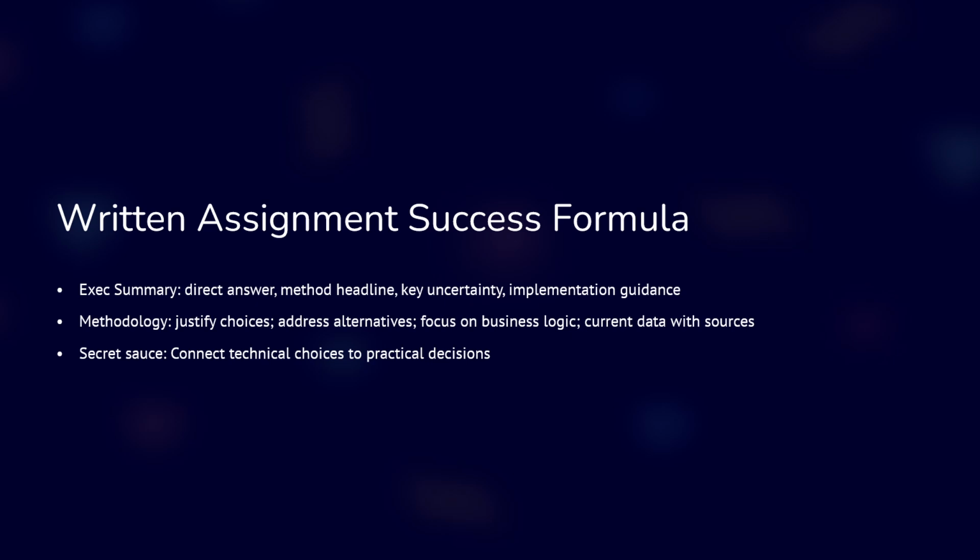In the methodology section, don't just describe what you did, explain why you did it. For example, I selected the 10-year Treasury rate, 4.2%, over the 2-year rate, 4.8%, despite the inverted yield curve, because project evaluation should use long-term risk-free rates consistent with project cash flow horizons.